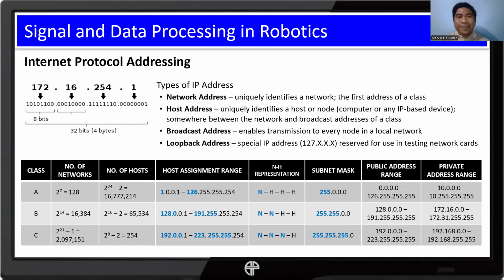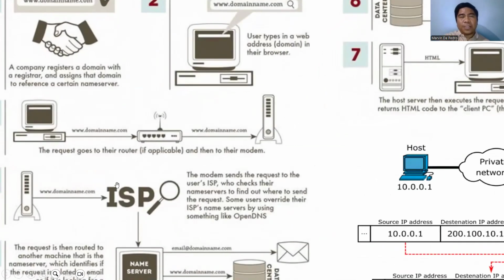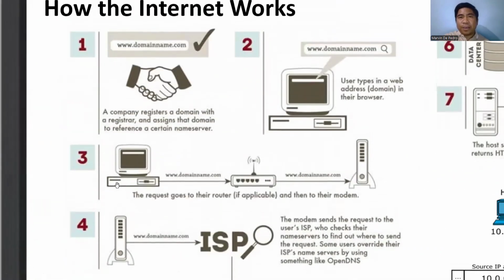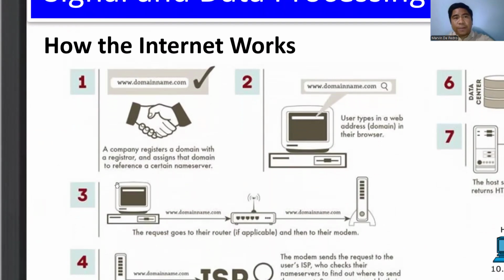So with knowledge of IP addressing, we can now better understand how the internet works. Let's go through this. Sorry for the quite blurry image that I got. First, normally when we want to access something, we access the domain name.